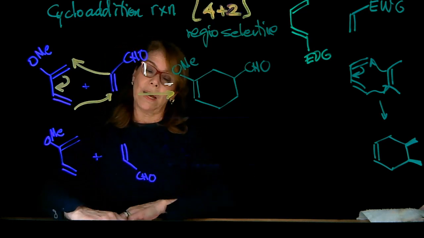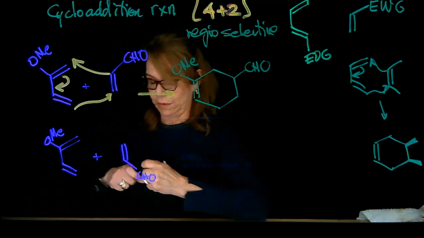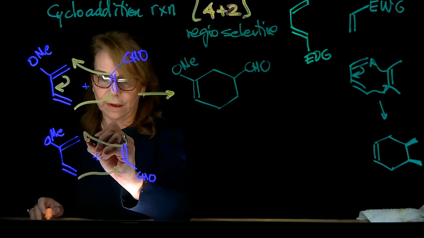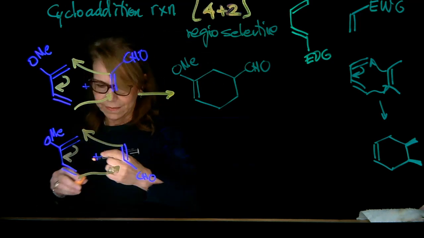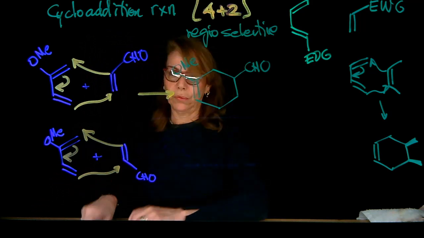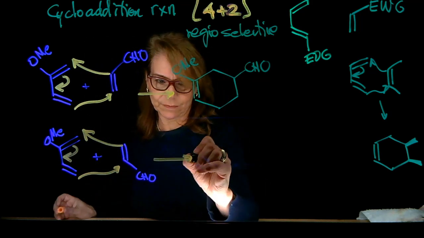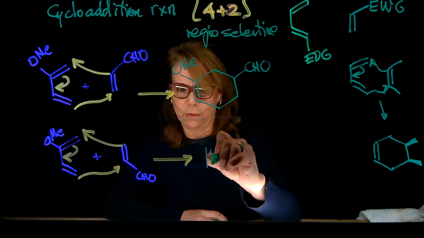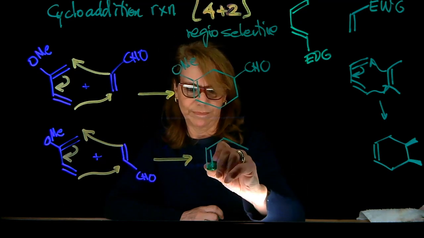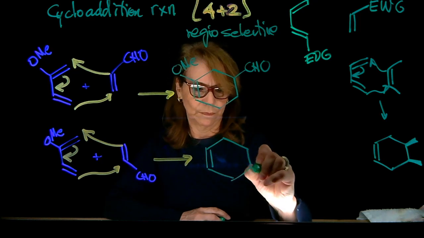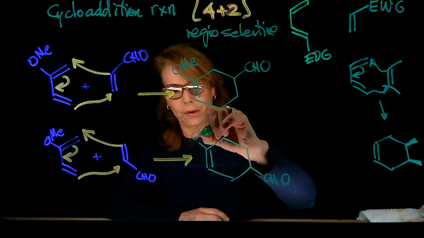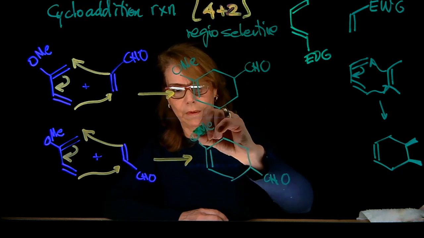But if I now rotate this molecule and write it this way, let's see what the product will be. The product will have the following form. Now I'm going to have CHO over here and the methoxy group here, farther away.